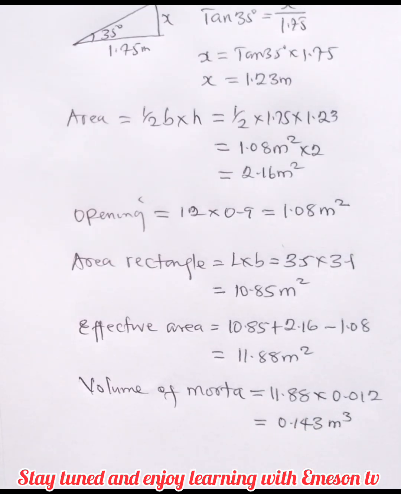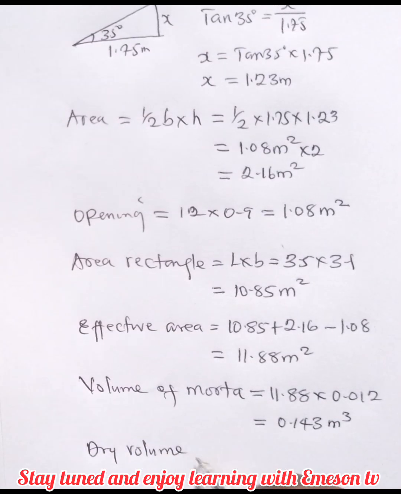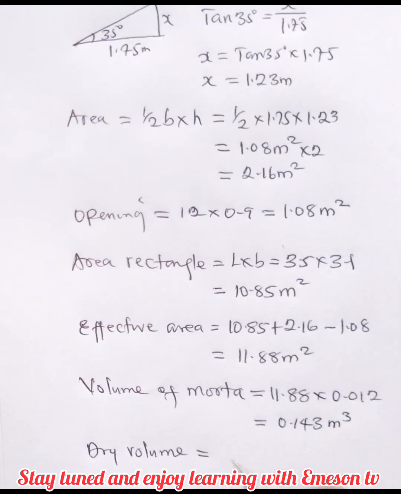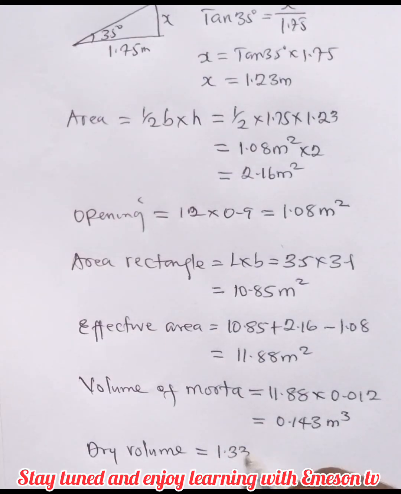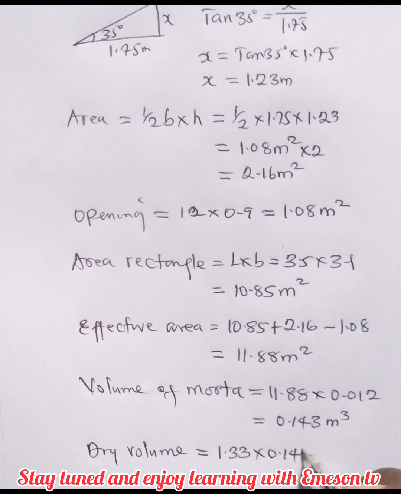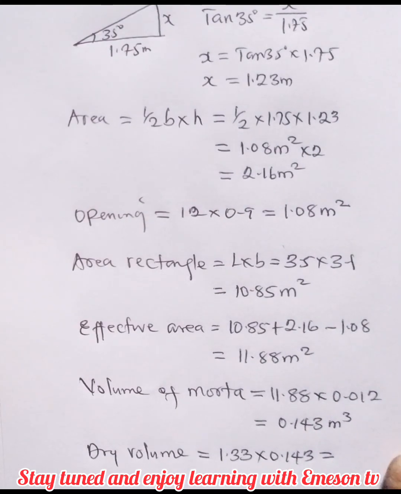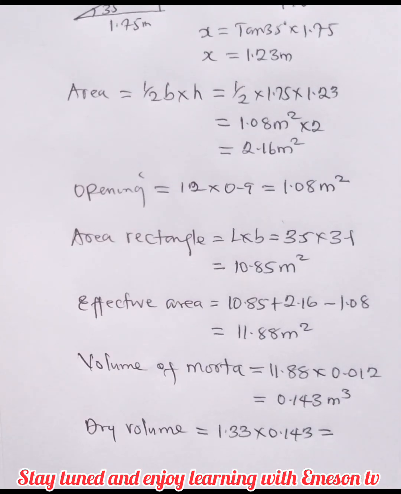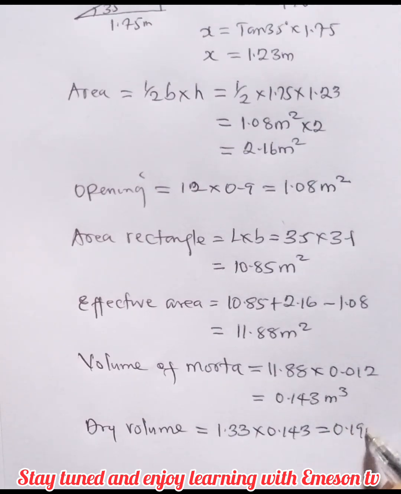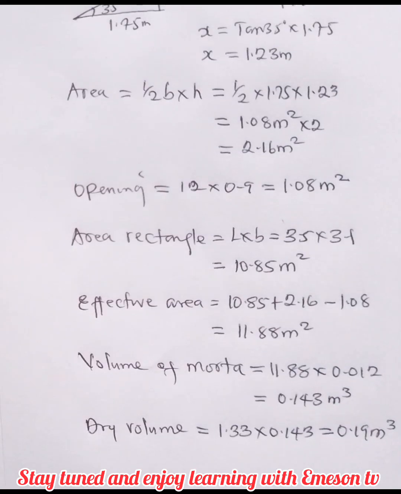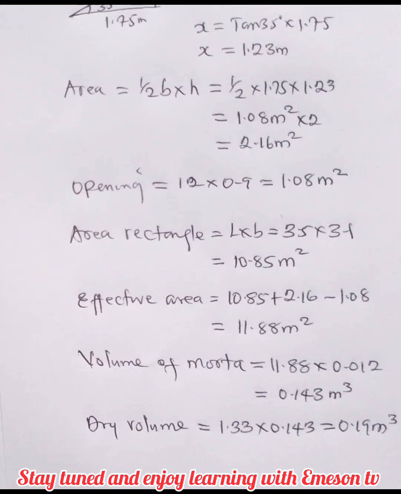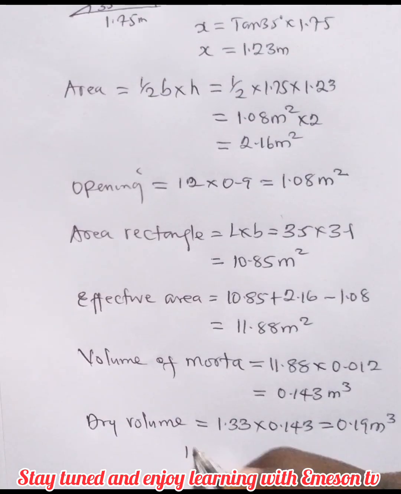The dry volume is higher than wet volume by 33%. Let's say dry volume of mortar becomes, we are increasing this by 33%, which is 1.33 multiplied by 0.143. So this will eventually give us 0.19 meter cube.